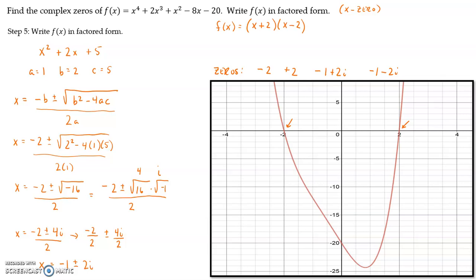And then for my complex zeros here, I'm going to use the brackets, because I have multiple terms here, so I can put this whole thing inside a set of parentheses. So x minus the quantity negative 1 plus 2i. And then for my last set of brackets here, I've got x minus the quantity negative 1 minus 2i. And there's our polynomial in factored form.